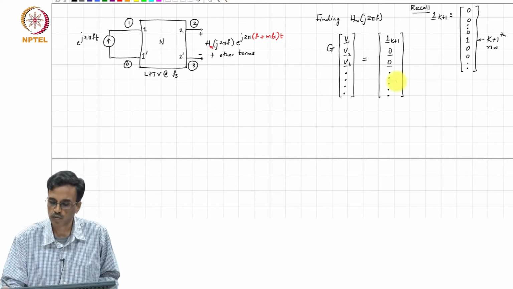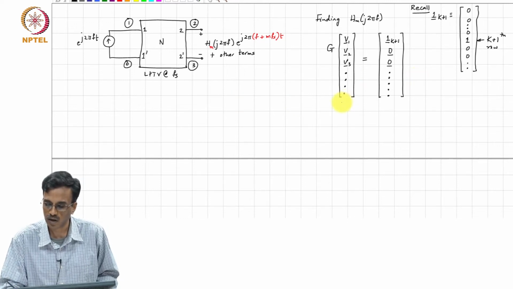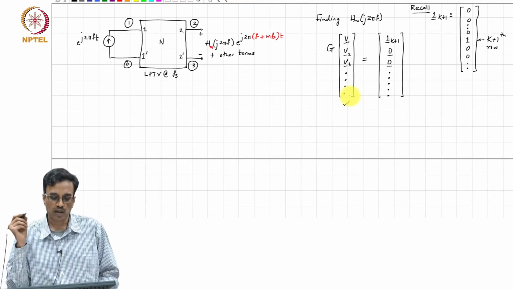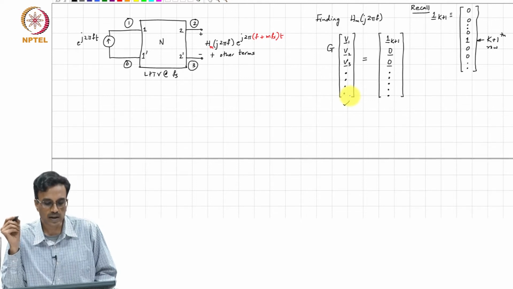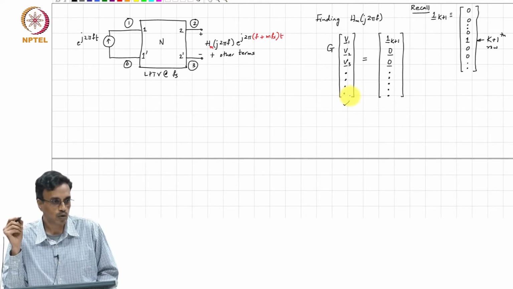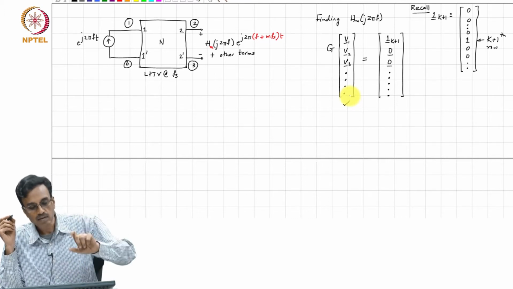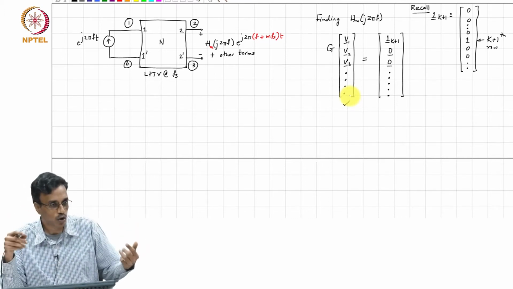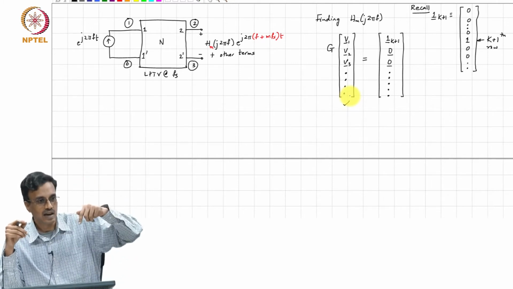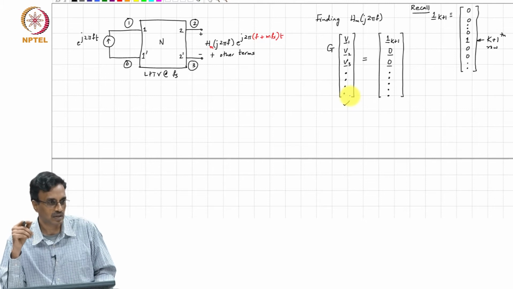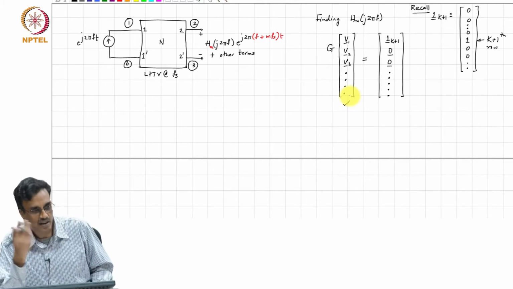So, as usual, if you solve this set of equations, you will be able to get the voltage vector, but that is not the vector that you are actually interested in. You are only interested in V2 minus V3, and even in that you are not interested in all the terms, you are only interested in the strength of the mth tone at F plus MFS.